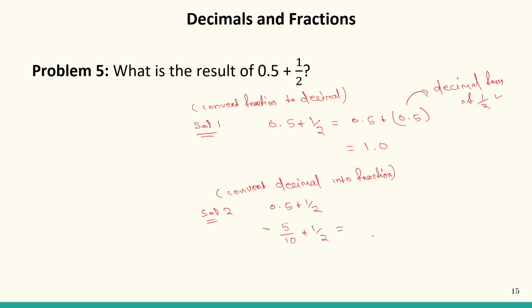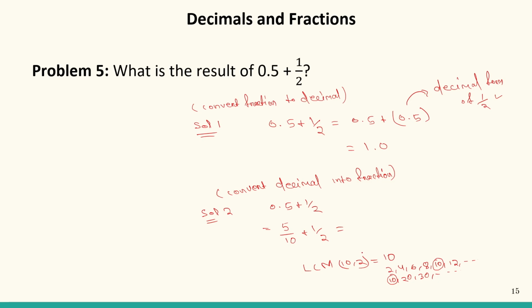So what we can further write here is we can find out the LCM of 10 and 2. For 2 its multiple series will be 2, 4, 6, 8, 10, 12 and so on. And for 10 it will be 10, 20, 30 and so on. So we can find the common one, that is 10, and also 10 is the lowest here. So that is why the LCM of 10 and 2 is 10.